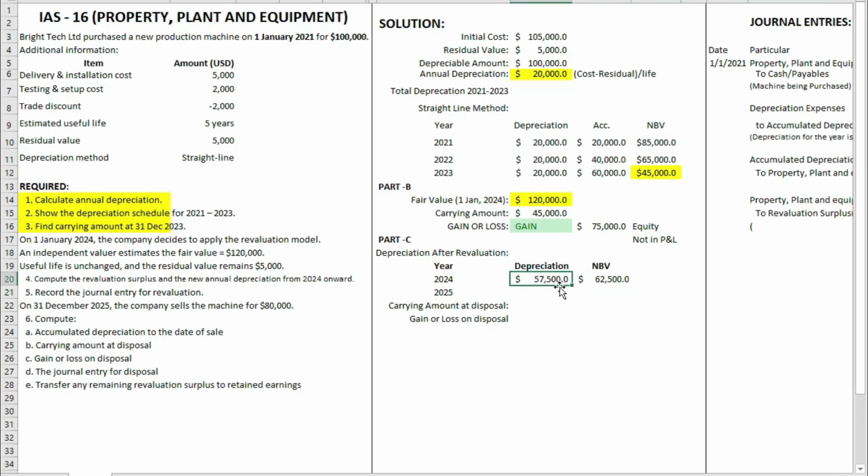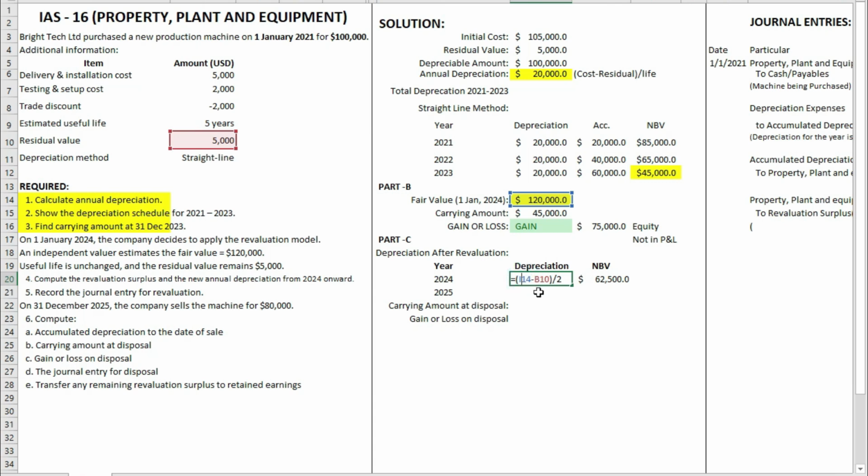So again, the depreciation, which is obviously the straight line method, and depreciation is, let's find out there.